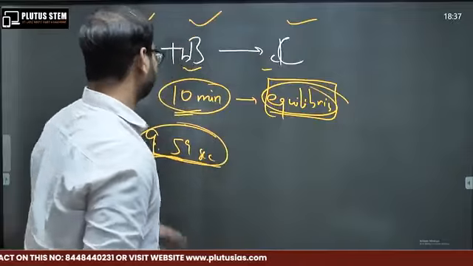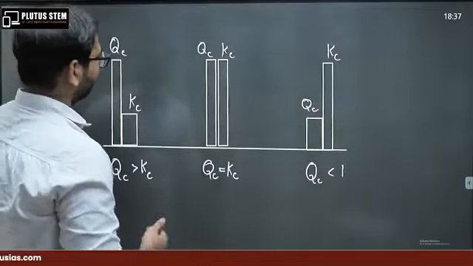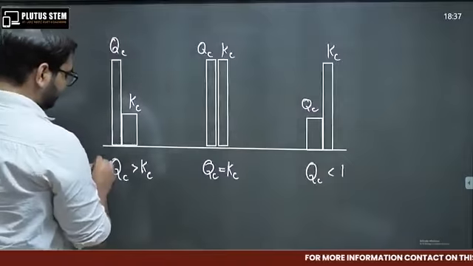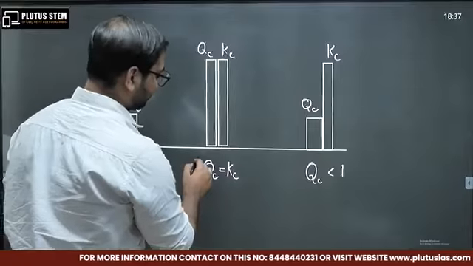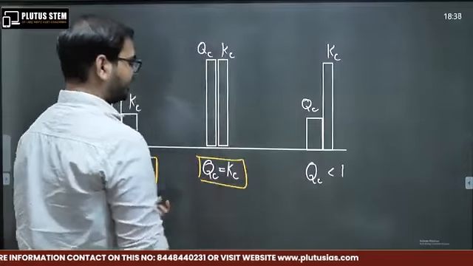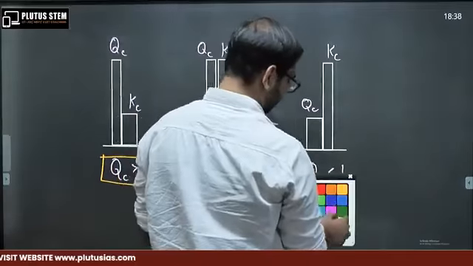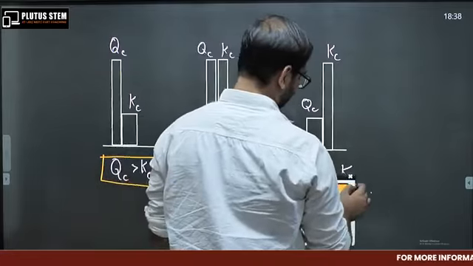Now let's try to learn the difference between these two. Let's assume this graph here. In the very first case, I'm representing QC having a higher value than Kc, while the second case represents where QC equals Kc, and the third case represents where Kc is greater than QC.